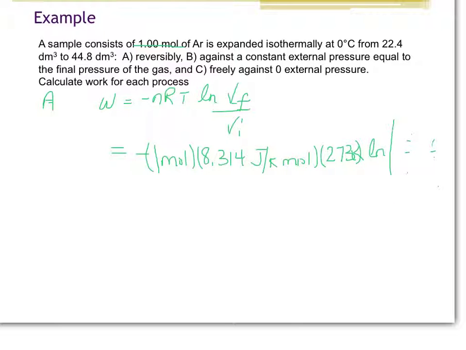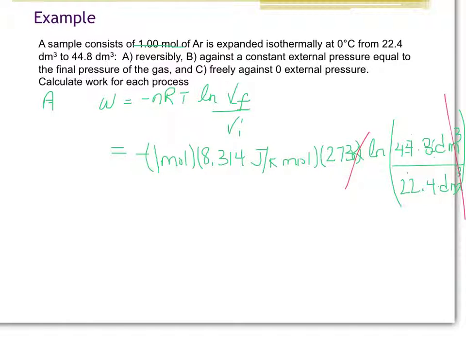Okay, so we have 44.8 cubic decimeters and 22.4 cubic decimeters. Alright, so we're going to end up with our units of decimeters cubed canceling.